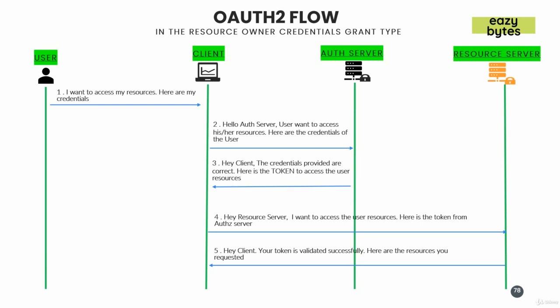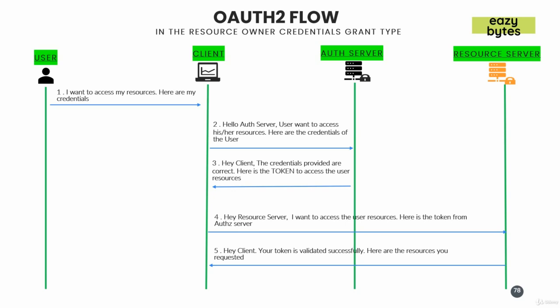As a user, I'll go to either the loans application, the cards application, or the accounts application. If I click login, and we follow previous grant types like the authorization code grant type and implicit grant type, the client will redirect me to the auth server where I have to enter my credentials.